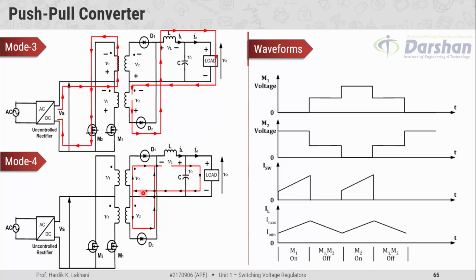Mode 1, magnetization of the transformer in the first quadrant. Mode 2, demagnetization of the transformer core from the first quadrant. Mode 3, magnetization of the transformer core in the third quadrant. And in mode 4, demagnetization of the transformer from the third quadrant.